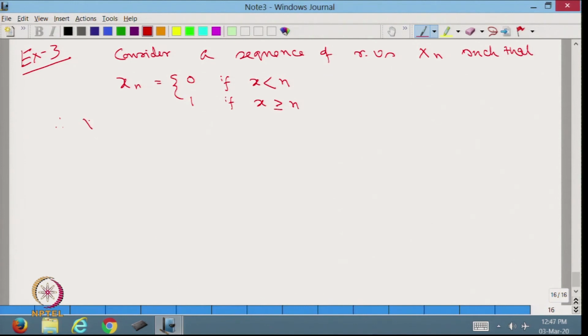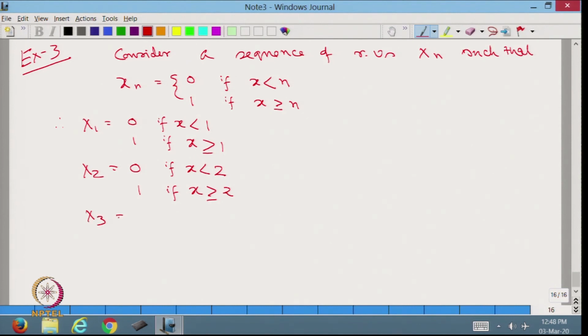Therefore, X_1 is equal to 0 if x is less than 1 and equal to 1 if x is greater than or equal to 1. Therefore, X_2 is equal to 0 if x is less than 2 and 1 if x is greater than or equal to 2.